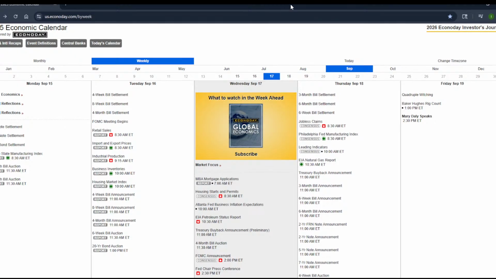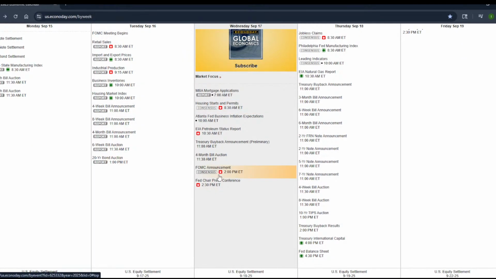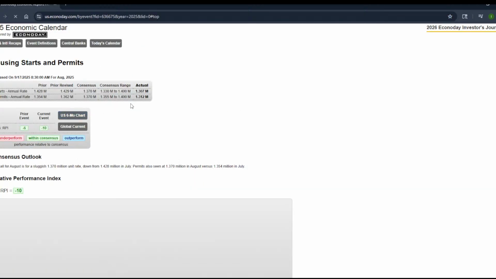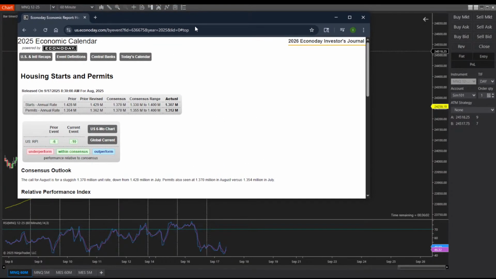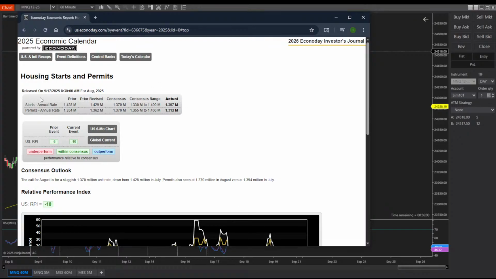Yeah, we know we have housing starts and permits, 8:30. And usually when these reports come out, you can click on it and you will get a review of how the numbers went, what was expected, the consensus range, and then the actual numbers that came out.